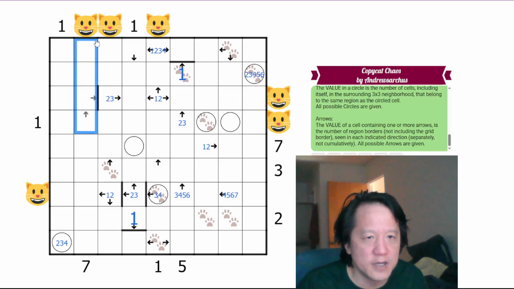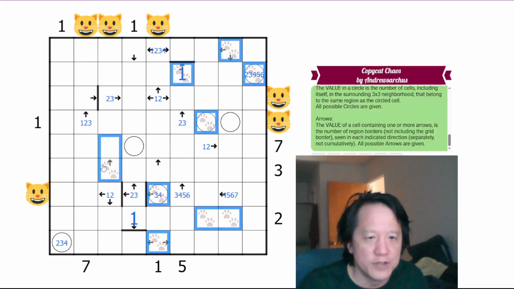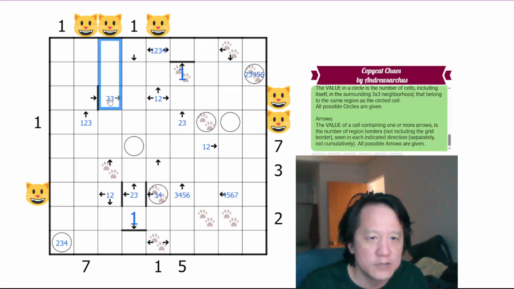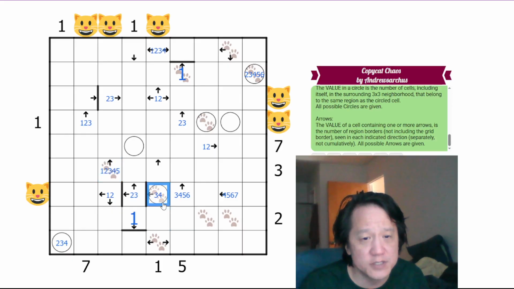This sees 1, 2, or 3 boundaries there. This sees 1 through 1, 2, 3, 4, 5. So this could be 5 up to. This is 3 or 4.